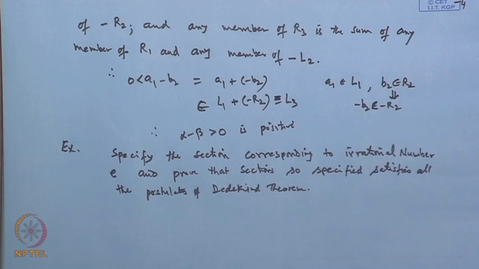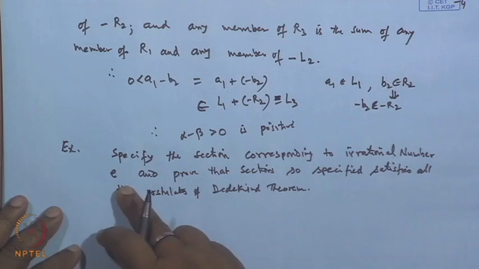Okay. Because there are three postulates in Dedekind's theorem. What are they? That we can divide the whole real number system into two classes, lower and upper class, and each class is non-empty. Second one is that every element in the lower class is less than the elements of the upper class, and third is any rational number will belong to either this class or that class, is it not.